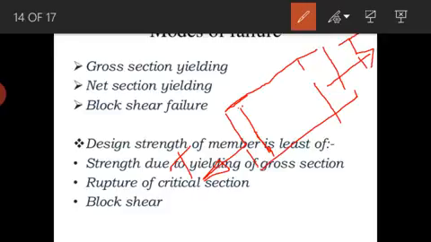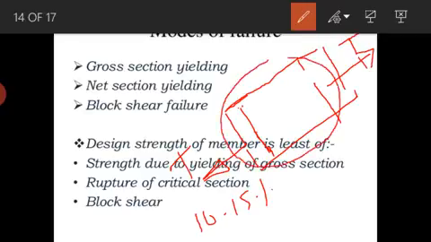If these members elongate up to 10 to 15%, then that particular member we may call unserviceable.